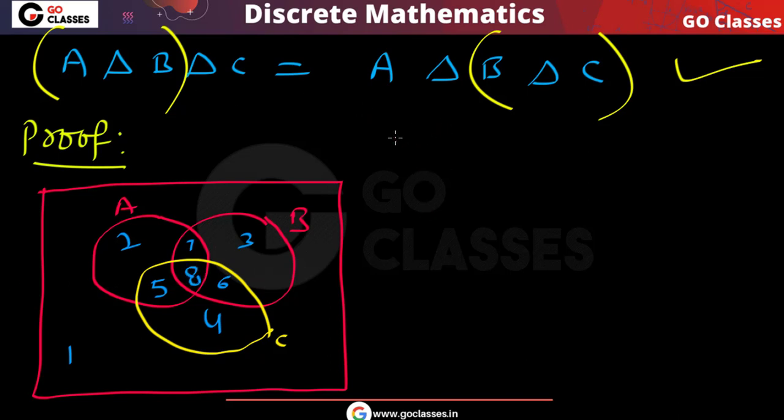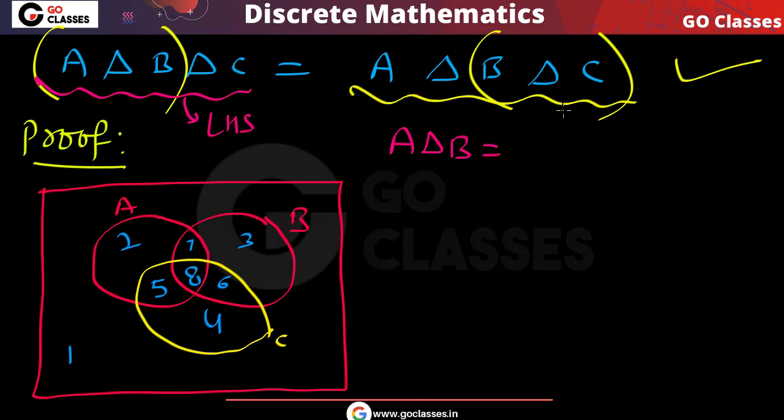Now let's see what is the area of A symmetric difference B. Let me call this complete expression LHS, and let me call this complete expression RHS. Now what is the area of A symmetric difference B?